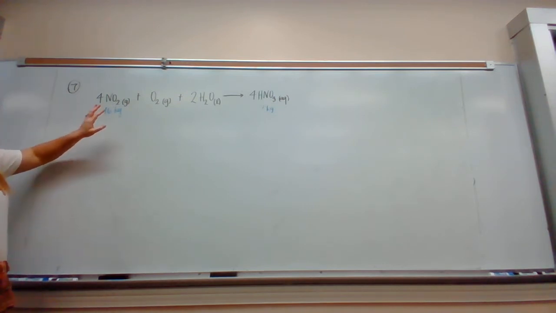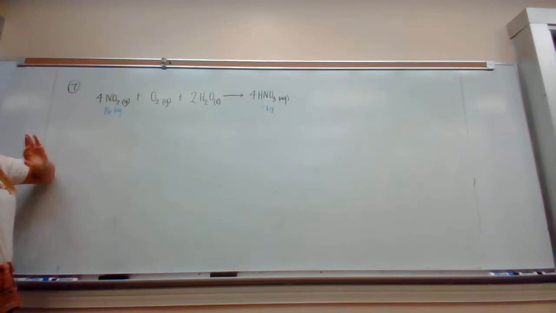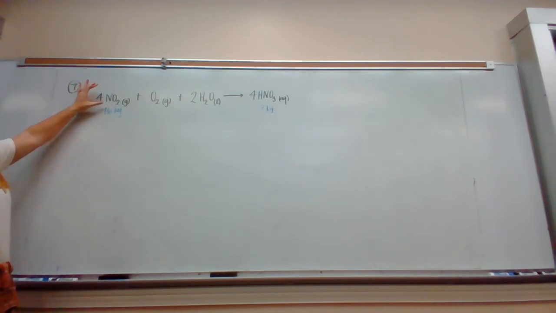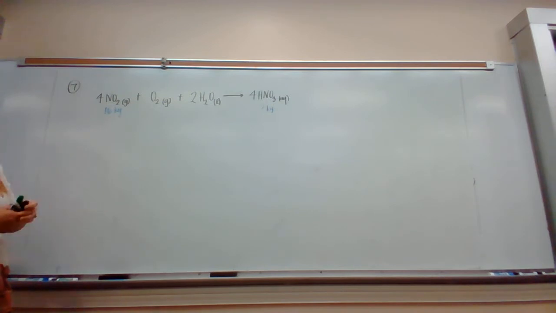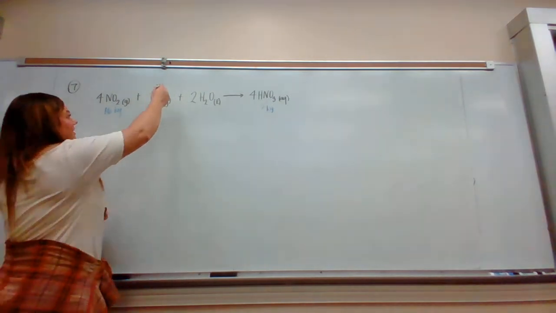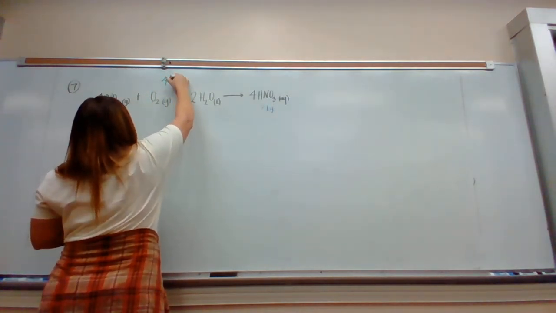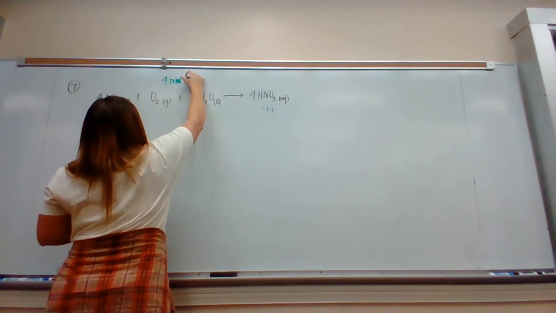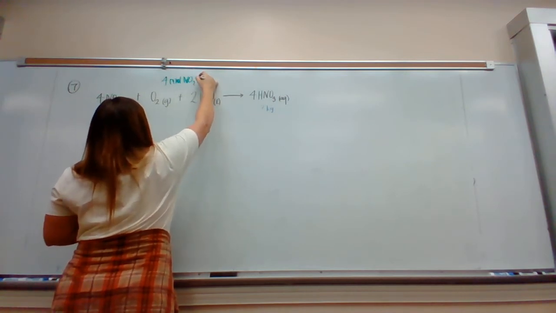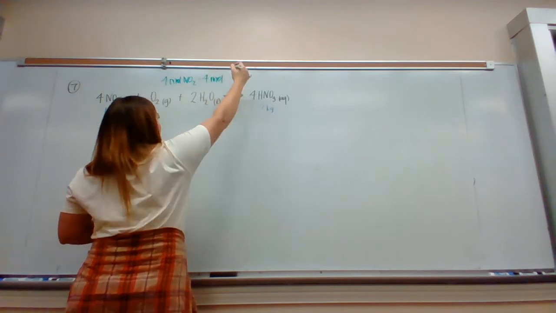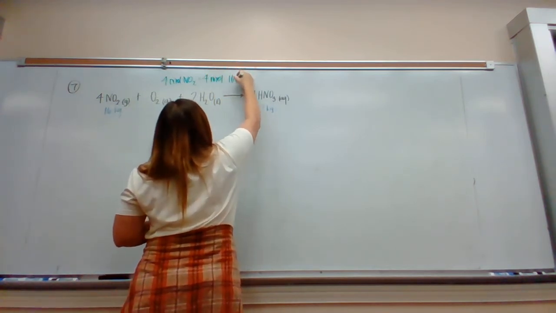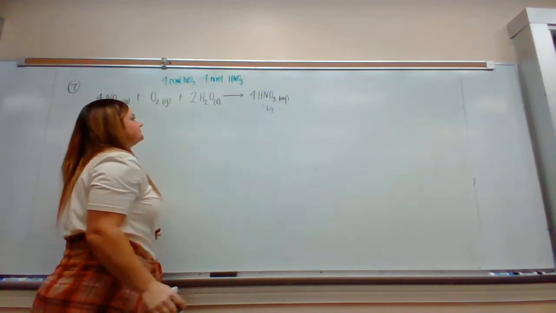The only relationship we're looking for here is between NO2 and HNO3. For every 4 moles of NO2, I'm going to produce 4 moles of HNO3.